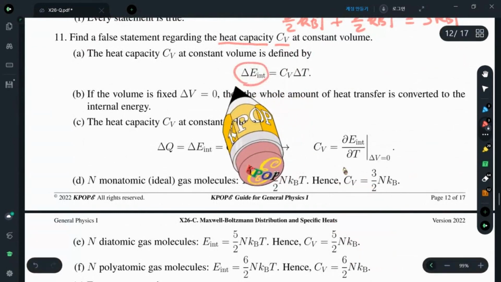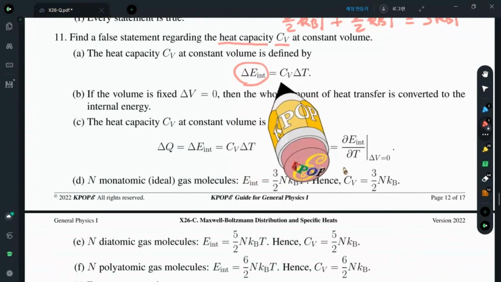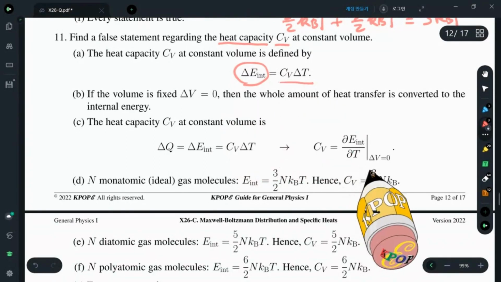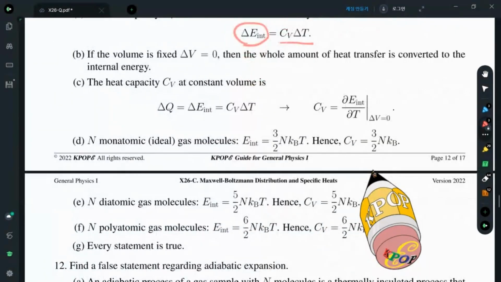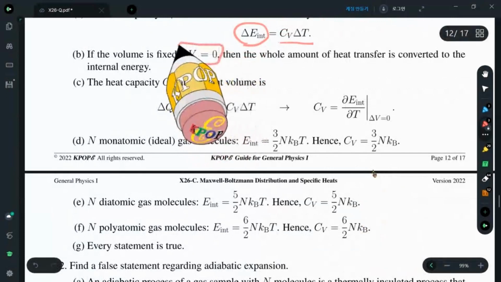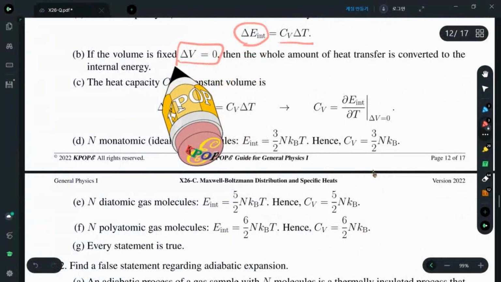By definition, change in internal energy is CV multiplied by temperature change. If volume doesn't change, the gas does not work.